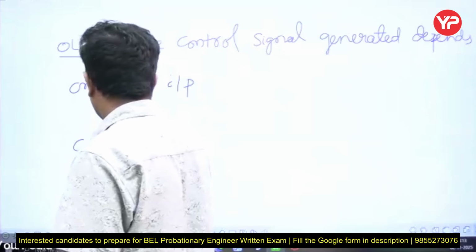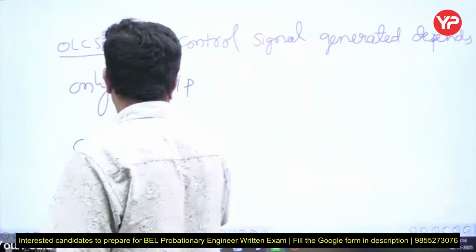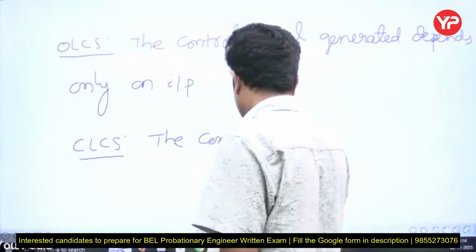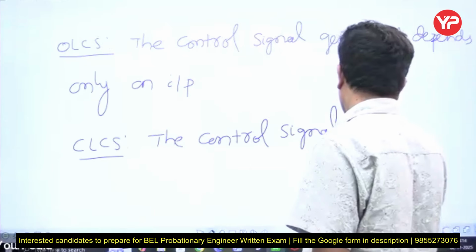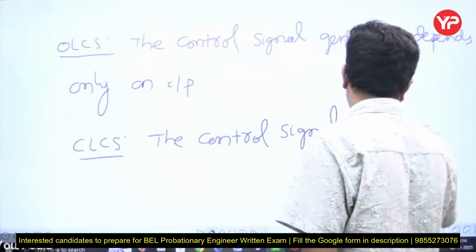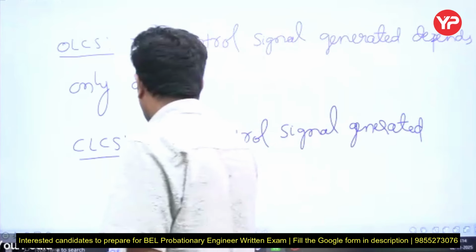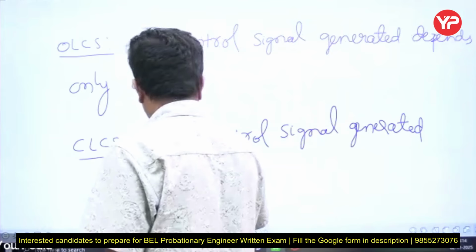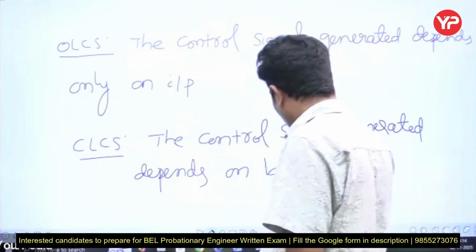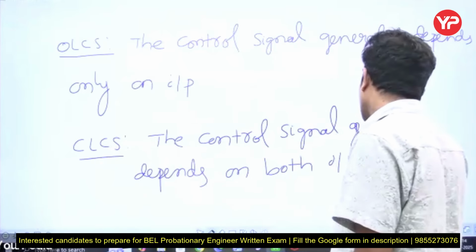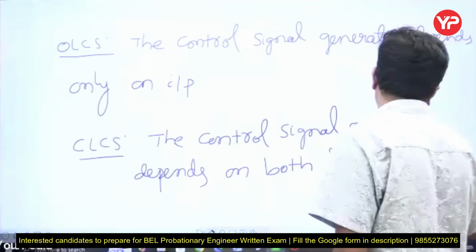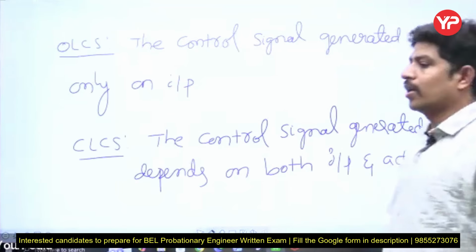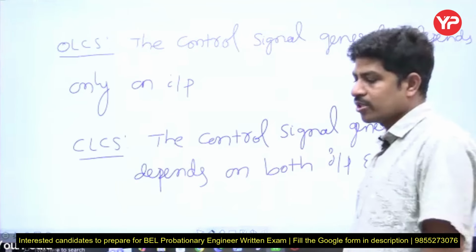What is a closed loop control system? The control signal generated depends on both input and actual output. This is a closed loop control system.